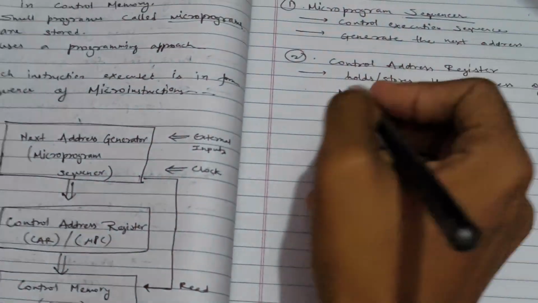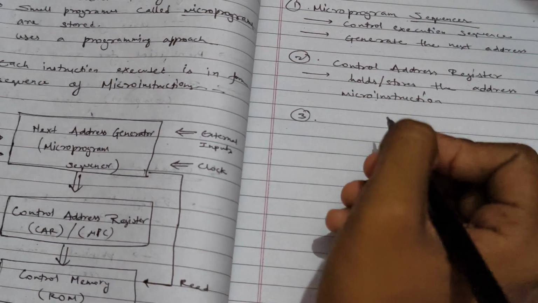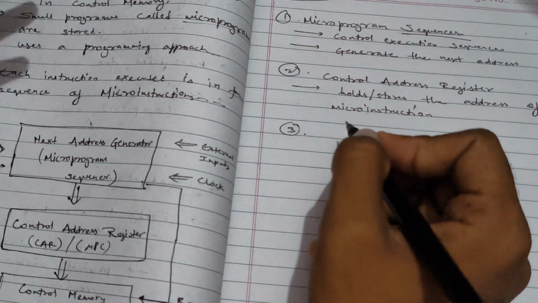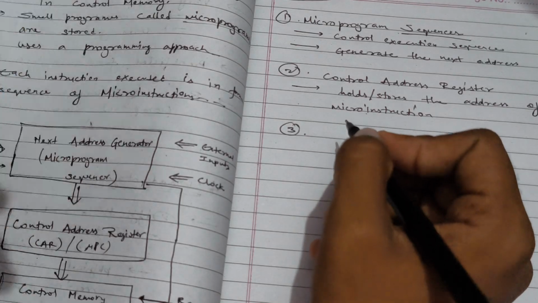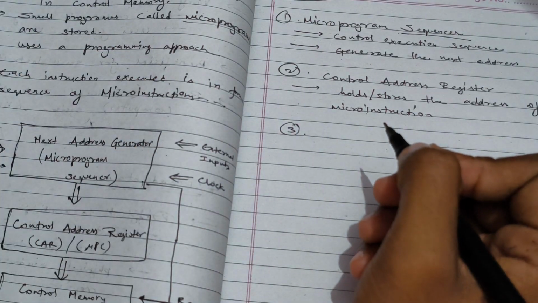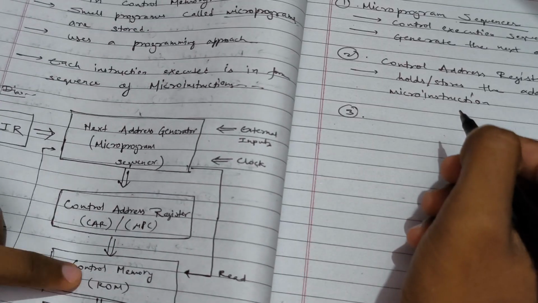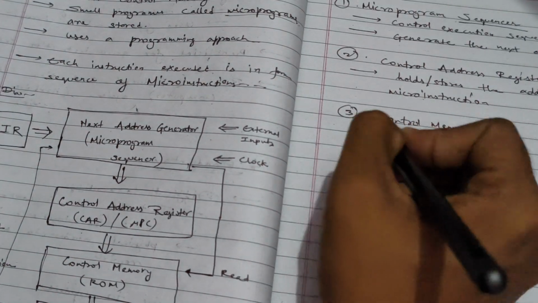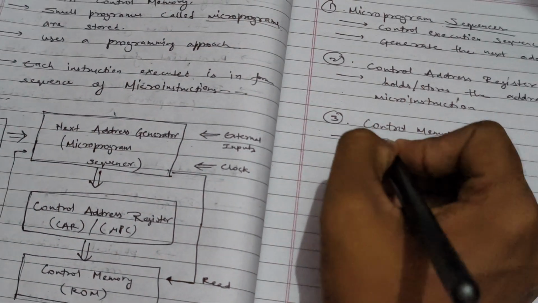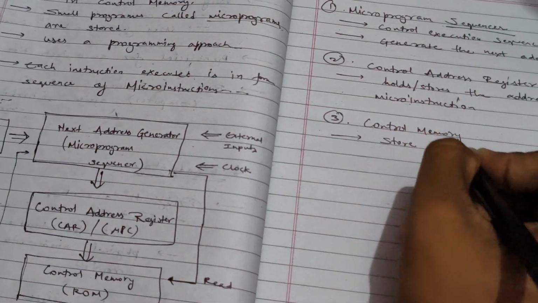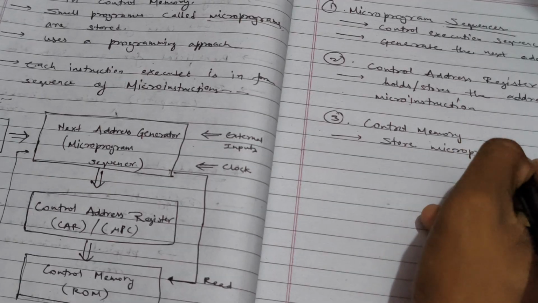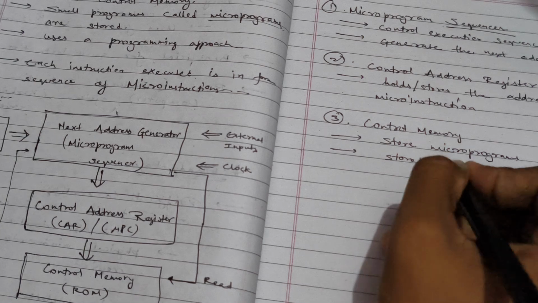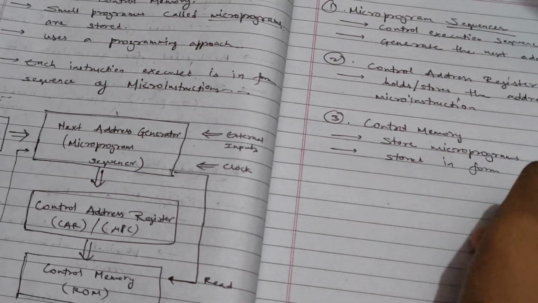This is the most important part of the microprogram control unit, as whatever microprograms we have are stored here in our control memory. In the control memory, we store microprograms in the form of zeros and ones.